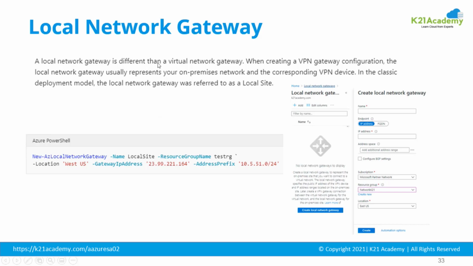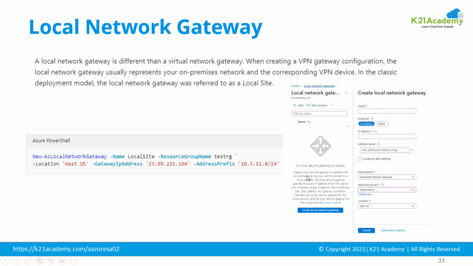So the local network gateway is a representation of your on-premise network, that corresponding VPN device, as I said earlier. The VPN device and its configuration, you need to represent that virtually by creating this, and that representation is called the local network gateway.